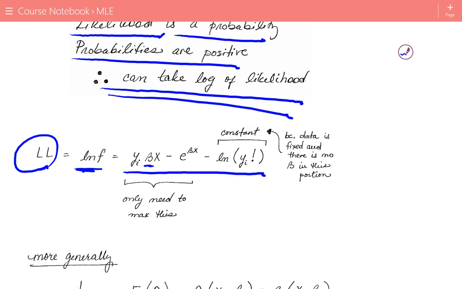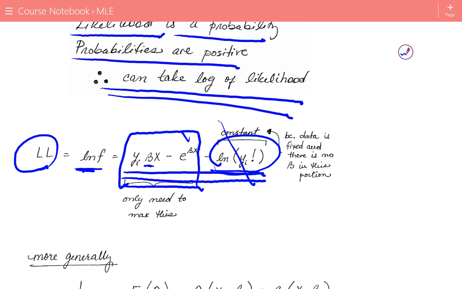And you'll notice that beta shows up here and beta shows up here, and it does not show up in this term. This is a constant. Well, what maximizes this whole function will be the same thing that maximizes this part of the function here. I don't need the constant. So I really could only program, if I wanted to, this part and maximize this component of the function.